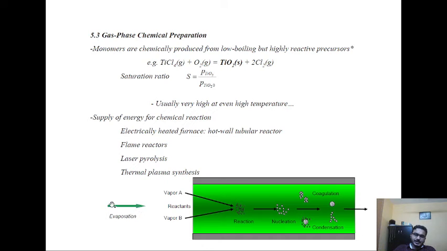Then we can see an example of this, and we have already seen this figure. Vapor A and vapor B are two reactants, they undergo chemical reaction, then there will be nucleation followed by coagulation and condensation. So this is the way gas phase chemical preparation is done.